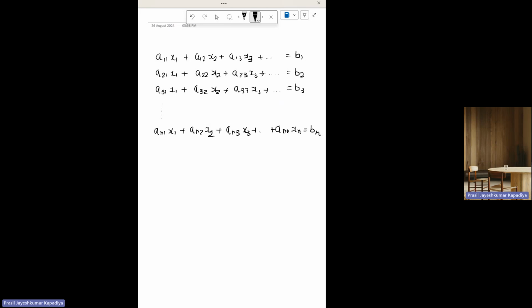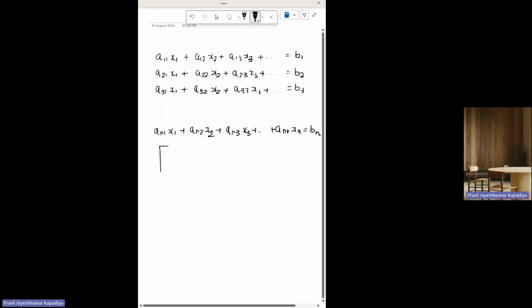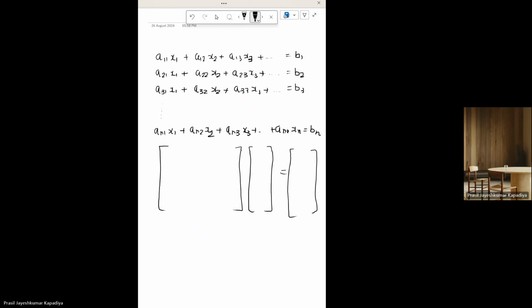So if we see this equation, what can we imagine? These are matrices. I can write this equation in terms of matrix. Let's say I am just focusing on the first row.